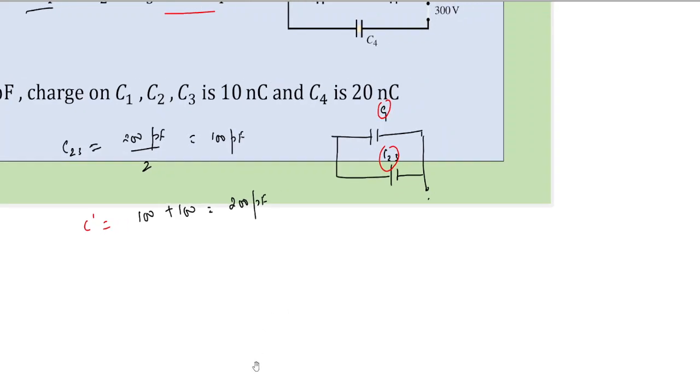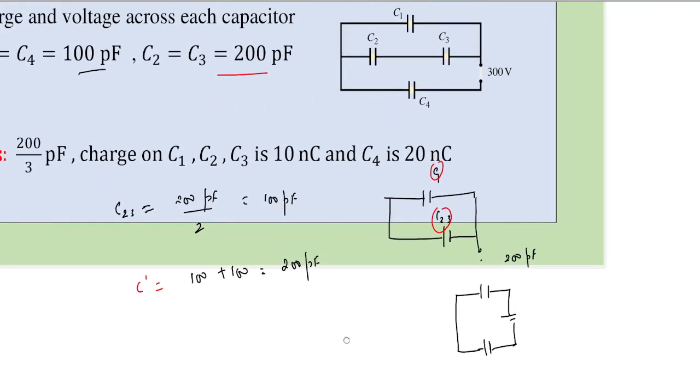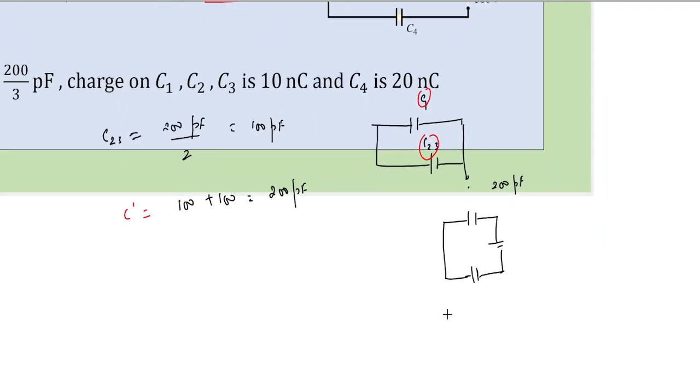Now what we have is the equivalent of all these three, which is one capacitor to a battery, and we have one more capacitor here. So this value here was 200 picofarad, and this capacitor here is C4, and the value of C4 is 100 picofarad, across a 300 volt battery.